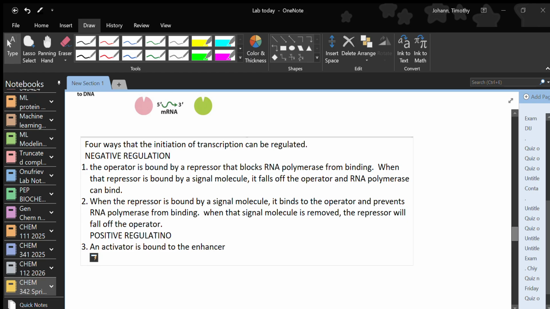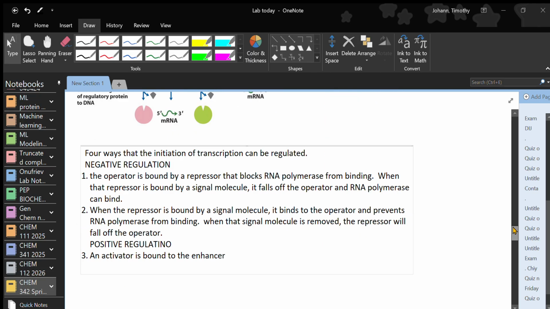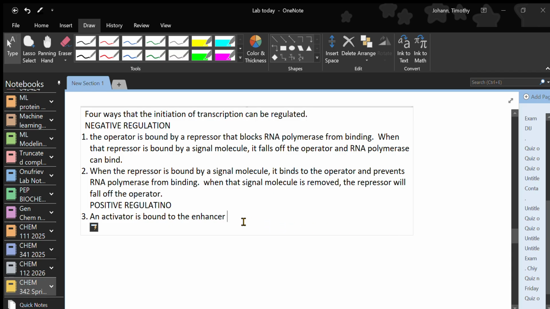It's bound to the enhancer when, let's look at what's going on in our picture for our first one here. Is it when the signal molecule is bound or when it's not bound? So top one, when it's not bound, right? Okay, so an activator is bound to the enhancer when no signal molecule is present.